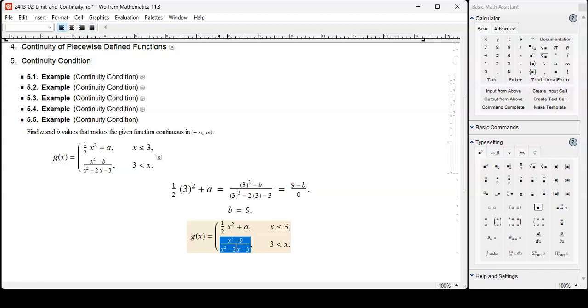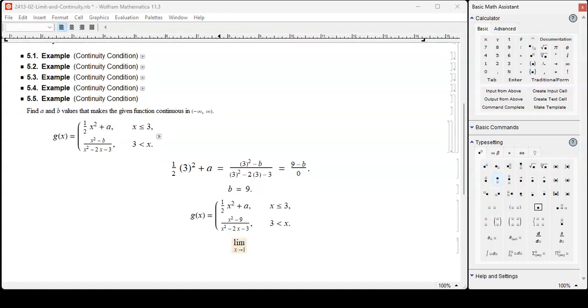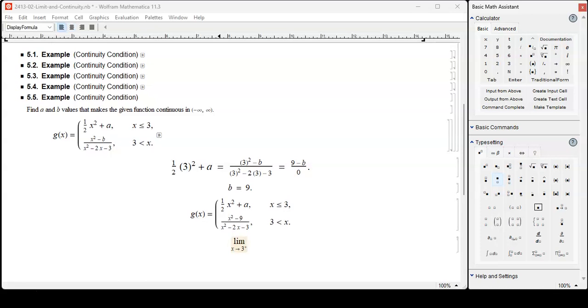And then this one down here will become a limit computation. Limit computation of this, so a limit computation as x approaches 3, and actually 3 plus, but it doesn't really make much difference here, divided by x squared minus 2x minus 3.